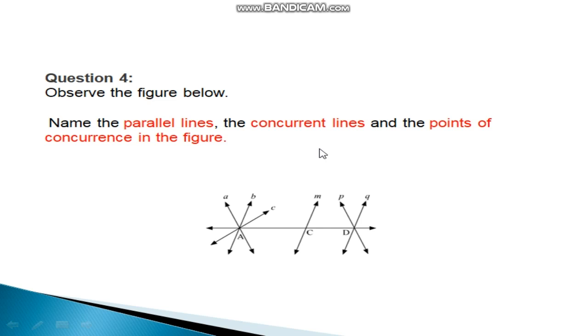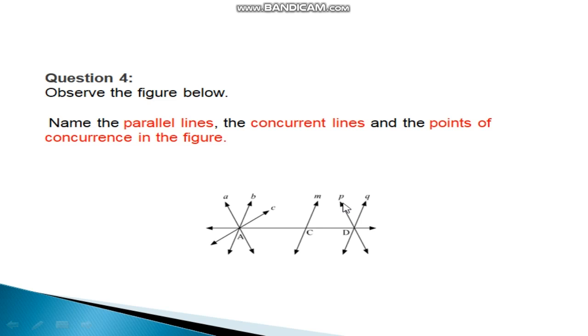Clear? Now concurrent lines. Concurrent lines definition: three or more lines passing through a point we can call concurrent lines. You see here line A, line B, line C, and you can see line AC is passing through a point A. Therefore line A, line B, line C and line AC are concurrent lines, and the point of concurrence is A. Here line P, line Q and line AD.